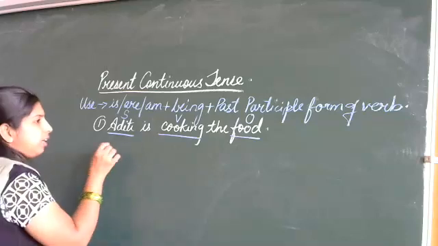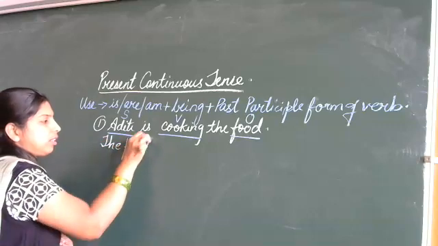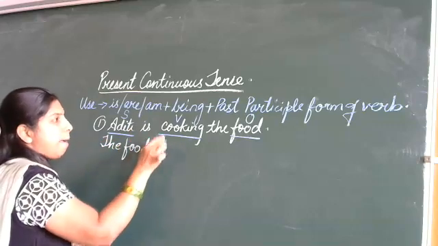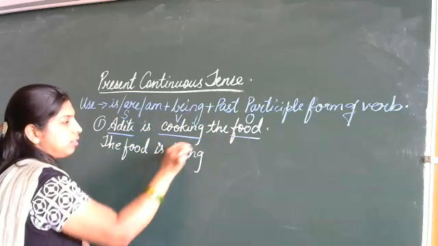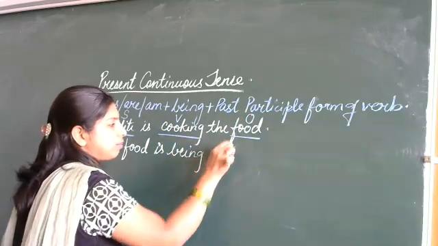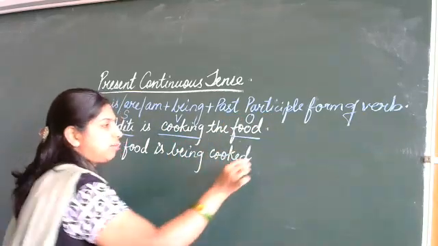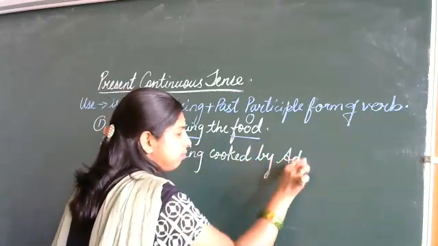So what do you have to write here? The food is being. Here it is given being. Past participle. Cooking becomes cooked. Being cooked by Aditi.